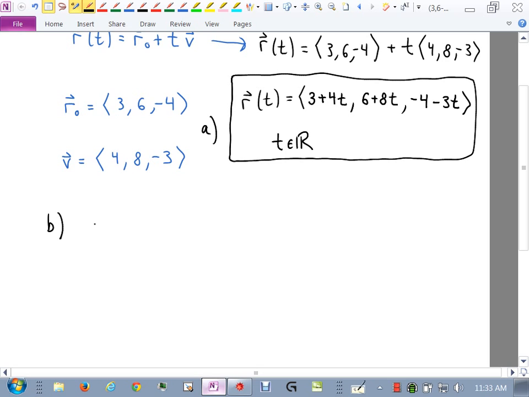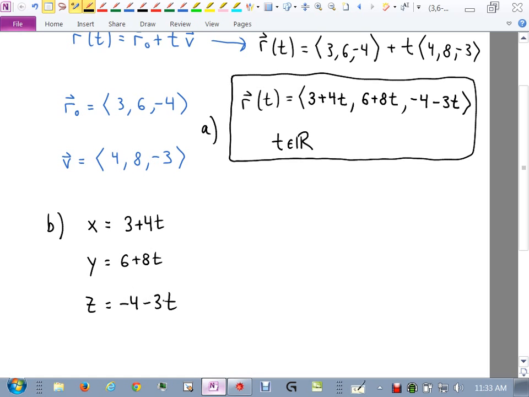All you have to do for parametric equations is write down x, y, z, and just write down the components. The components are 3 plus 4t, the next one 6 plus 8t, the next one -4 minus 3t. That's your answer for part B. Again, t is any real number.